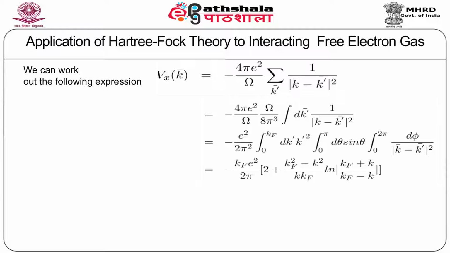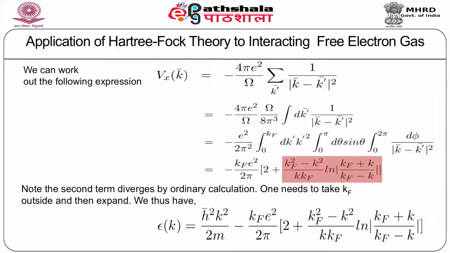We start with this expression which was derived a slide back, and then we replace this summation over k prime by the corresponding integration, which is given by omega over 4 pi cube integral dk prime, and then we can have the integration over the radial part of k and its angular part, theta and phi. After a few lines of mathematics one can derive this expression of Vx in terms of k and kf, kf being the corresponding Fermi wave vector.